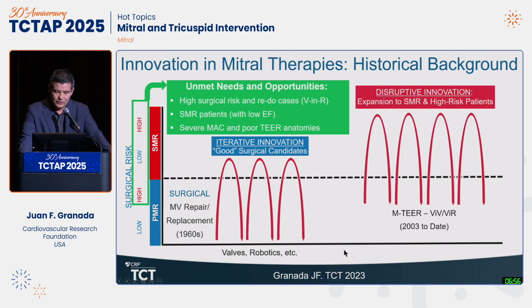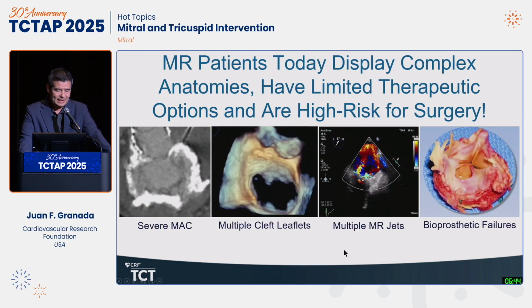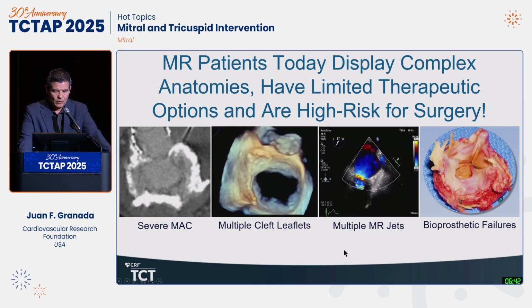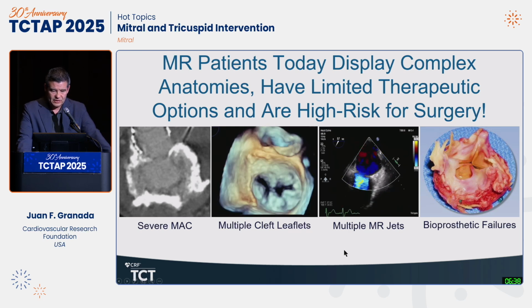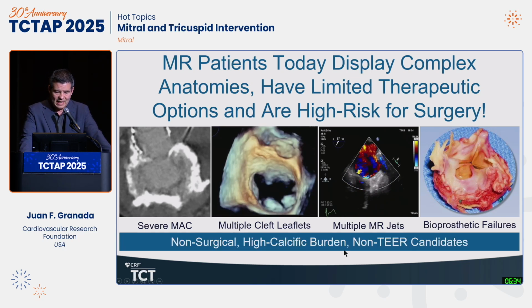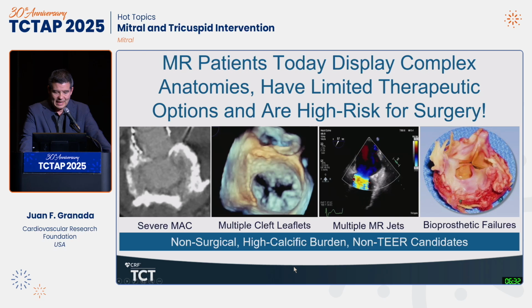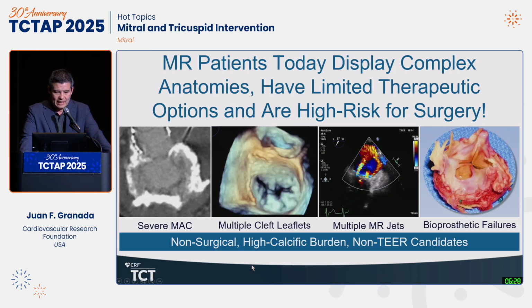Around 2000, a second wave of innovation started with catheter-based techniques, including mitral TEER and Sapien valve-in-valve and valve-in-ring. What we're trying to address today is not really all anatomies, but essentially patients with very complex disease, with limited therapeutic options and high risk for surgery. And this is where innovation at the very beginning, as it happened in TAVR, is putting all the efforts.